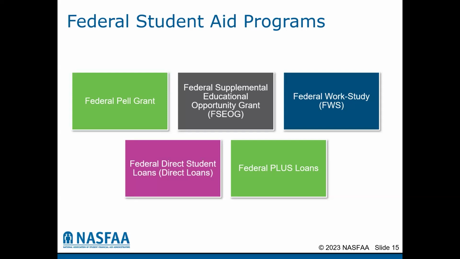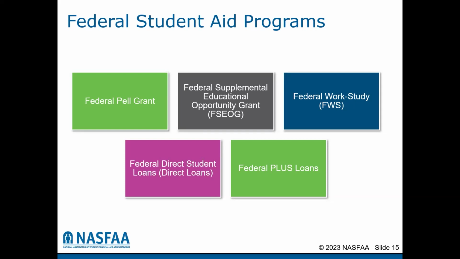These loan programs have interest rates and terms that are typically better than commercial loans. For a federal direct loan, a cosigner and good credit are not required. The amount a student may be eligible for varies based on academic standing or grade level.